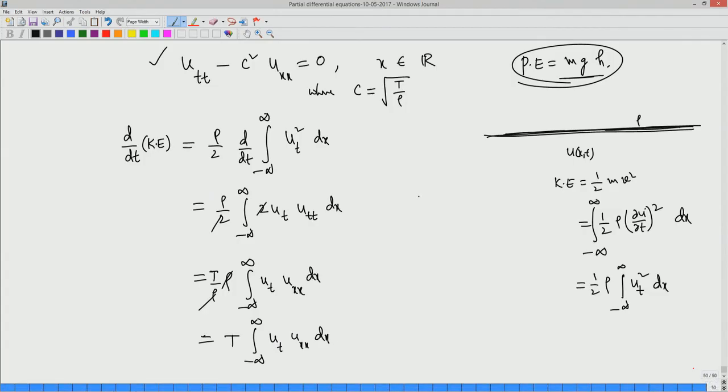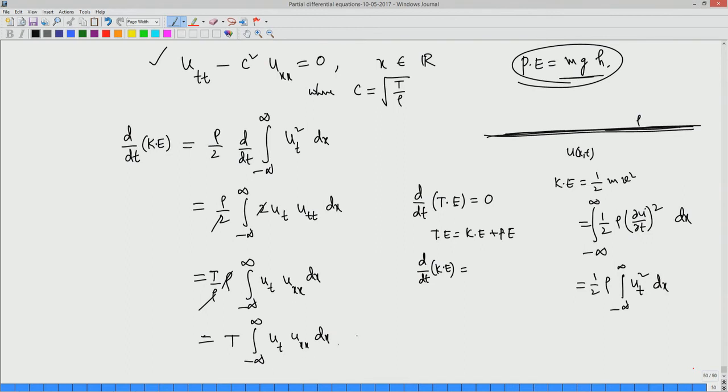Now I know that d dt of the total energy is 0, because the total energy is constant for all times. Total energy is kinetic energy plus potential energy, so we already know d dt of KE equals something.